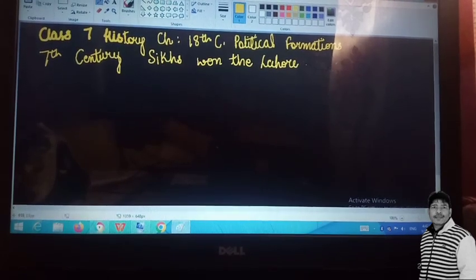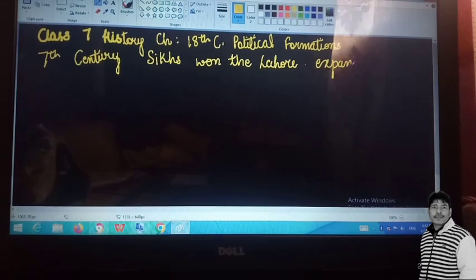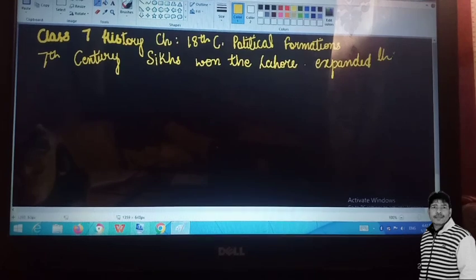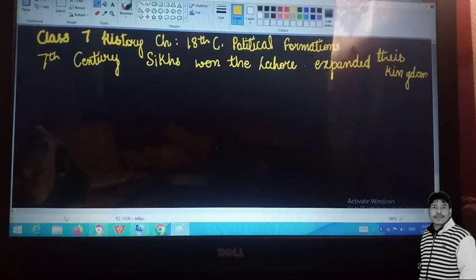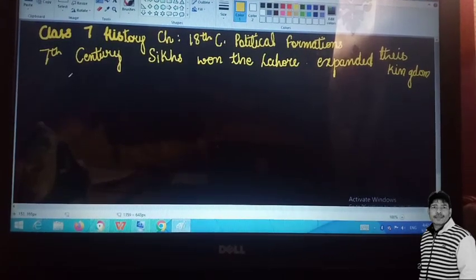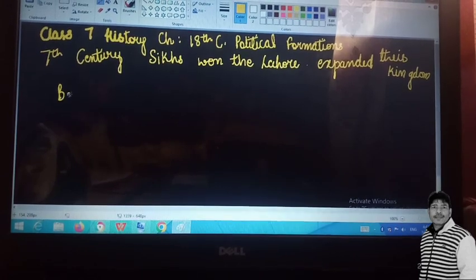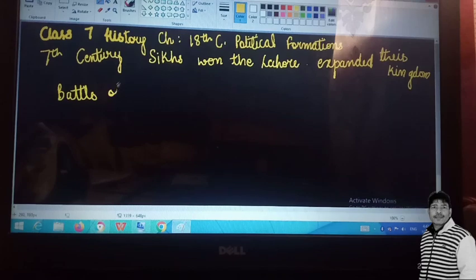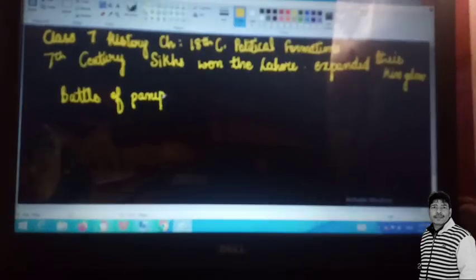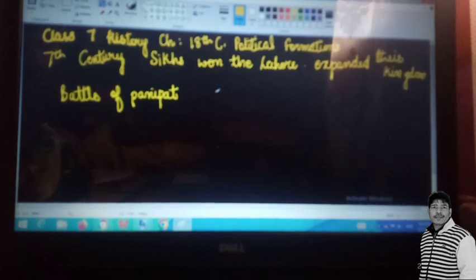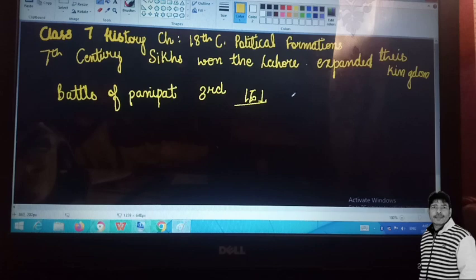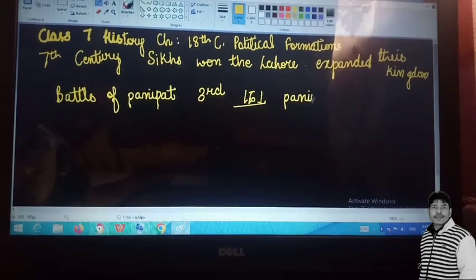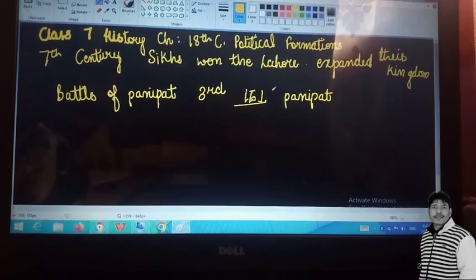And furthermore, they expanded their kingdom. The other most important point is the Battle of Panipat. We shall discuss here the Third Battle of Panipat, which occurred in 1761. It took place in Panipat, in the district of Haryana, in the year 1761.